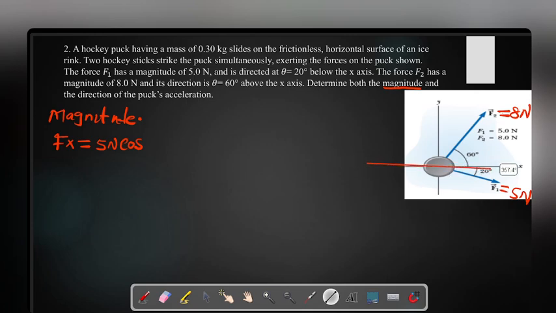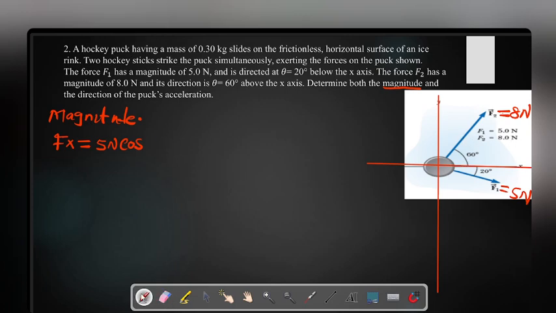So this is the situation that we have. In terms of the angle that we are going to use, the way we are going to pick the angle is like this.